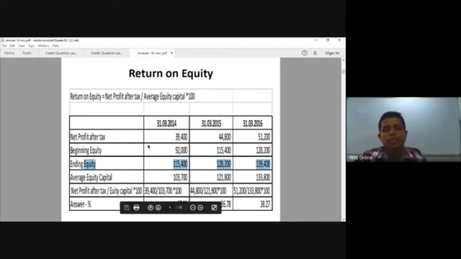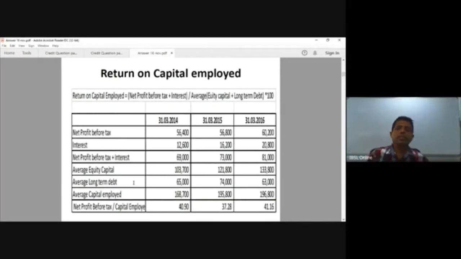Right. We'll go to the next ratio. We'll do the interpretation part at the end. The next ratio is return on capital employed. How do you calculate it? In this ratio, you take not only the equity, you take the debt capital also.